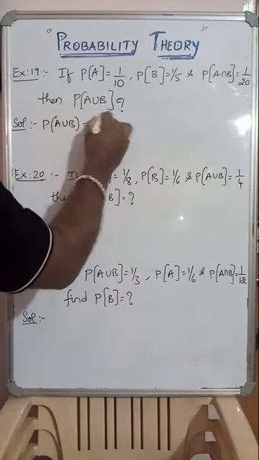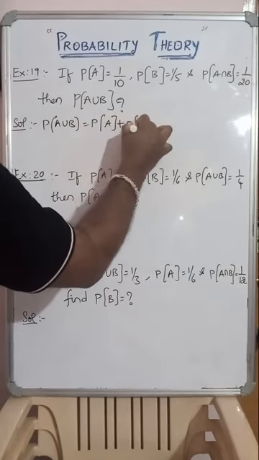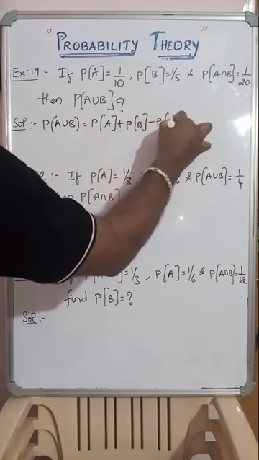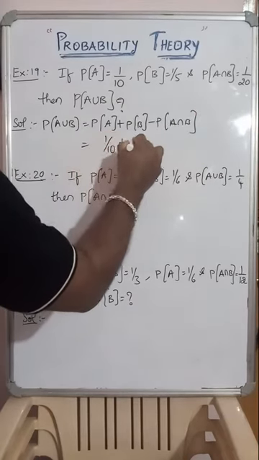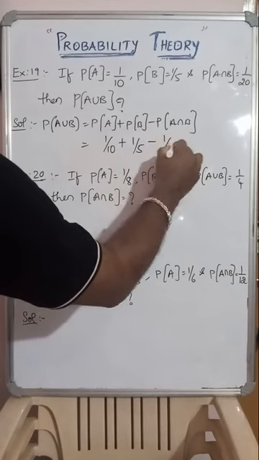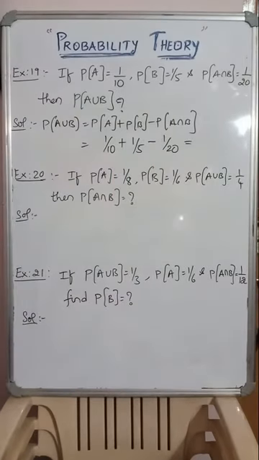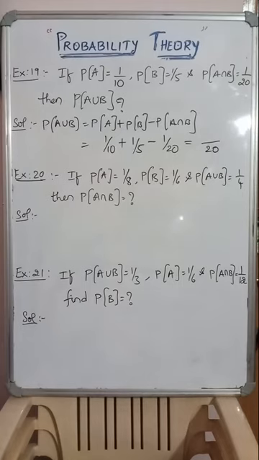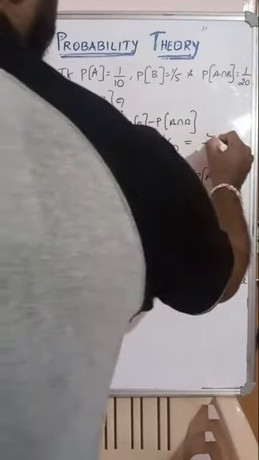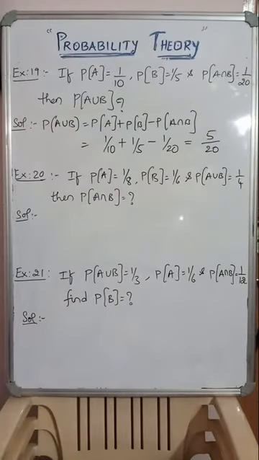P of A union B equals P of A plus P of B minus P of A intersection B. Substitute here 1 by 10 plus 1 by 5 minus 1 by 20. Then after taking the LCM of 10, 5, 20, you will be getting the LCM 20. So 2 plus 4, 6, 6 minus 1, 5. So 5 by 20 will be the answer.